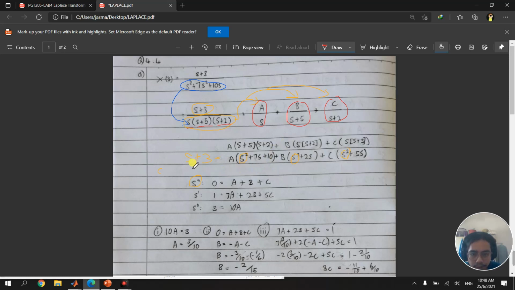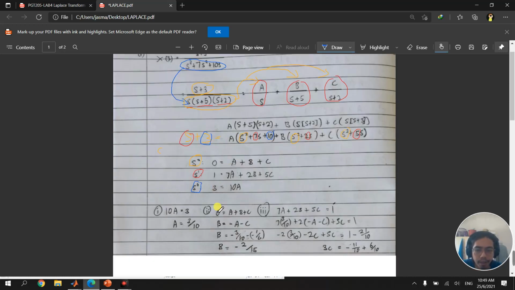For a, we can see there's no s squared here, so 0 equals a plus b plus c. For s to the 1 we got 7, 2, 5 and s here, so 1 equals 7a plus 2b plus 5c. And for s to the 0 we got 3, 10, and that's it. There's no other s power of 0, so we get 3 equals 10a.